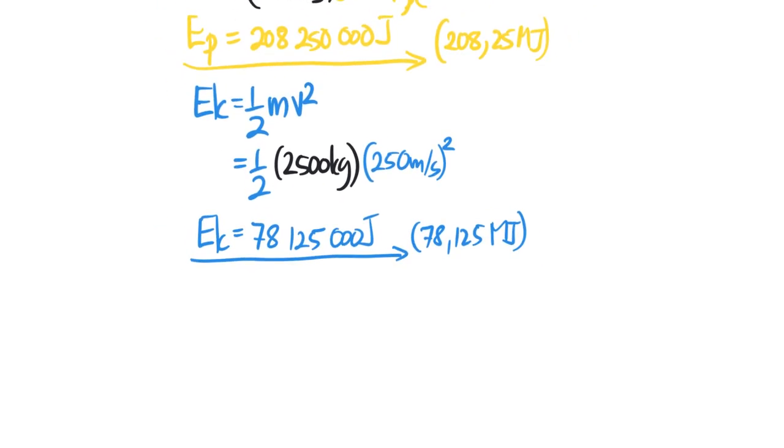And so now, to work out the mechanical energy, we add the 208,250,000 joules and the 78,125,000 joules, and we get a big number.